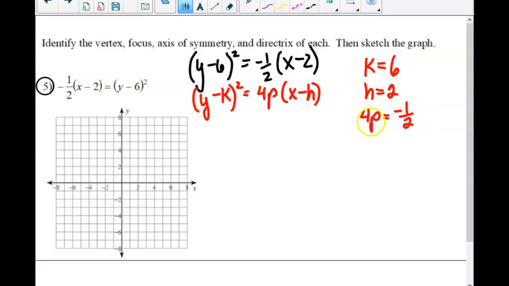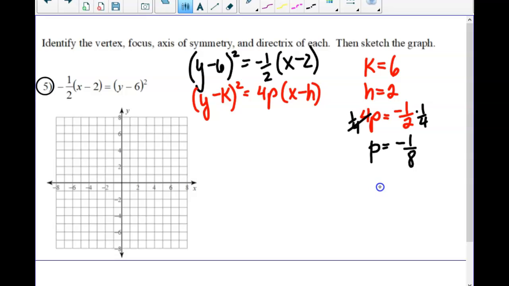We have to divide by 4 or take 1/4 of both sides to get rid of the 4, right? So we get p equals what? Negative 1/8. Anybody want to cry right now? Everybody hate fractions?